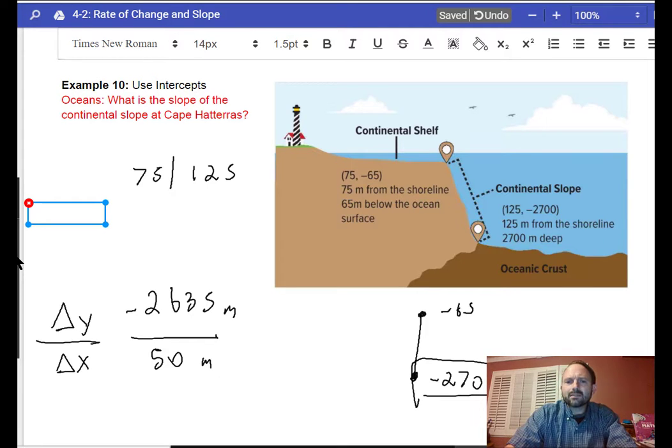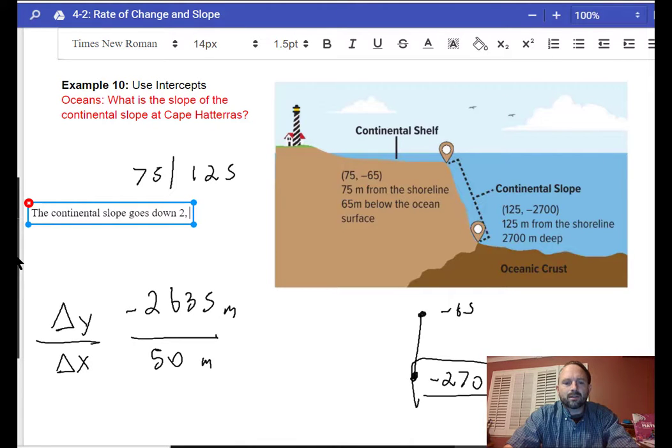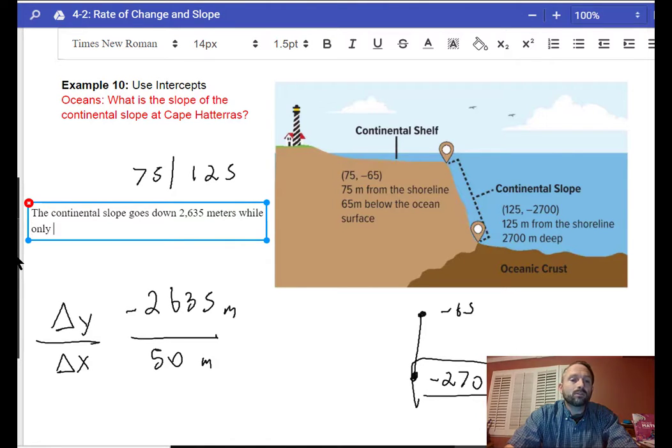Well, this means that it sinks down, so the continental slope goes down 2,635 meters while only going 50 meters out.